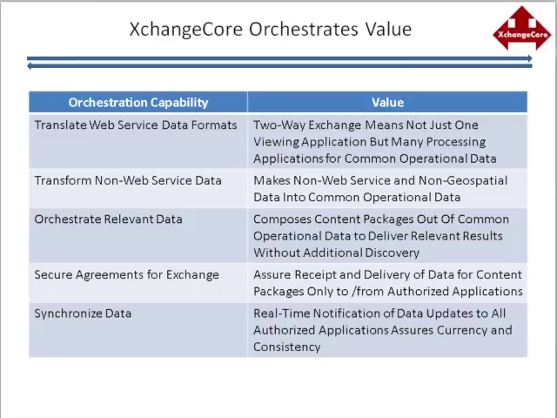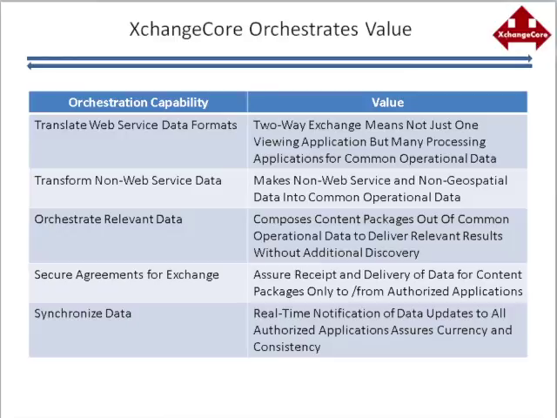Second component, transforming non-web service data, really valuable. I'm going to bet 30%, 50%, maybe even 80% of the data you're using in any of your emergency operations centers today is from a non-web service application. And that non-web service translation is one that really extends to non-web service and non-geospatial data, which is the predominance of non-web service.